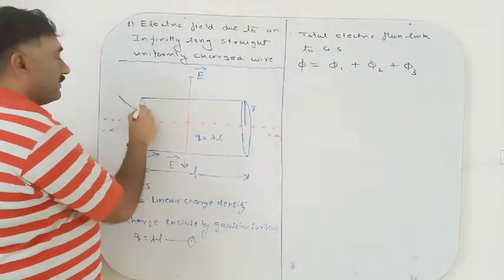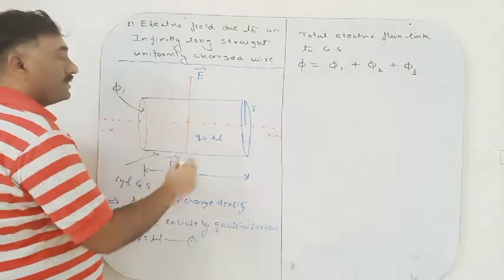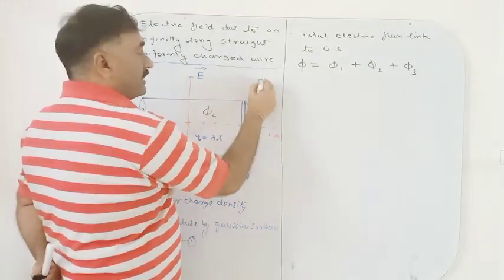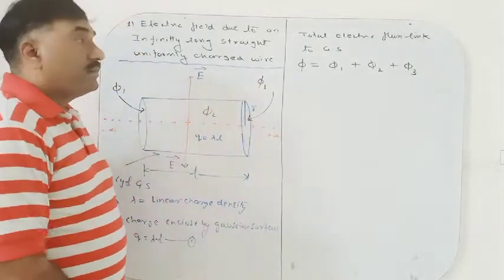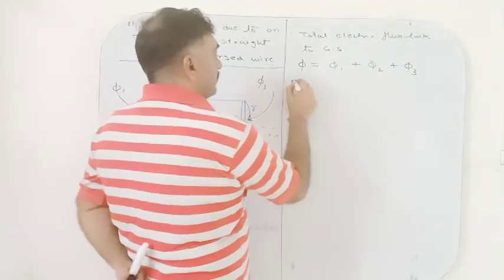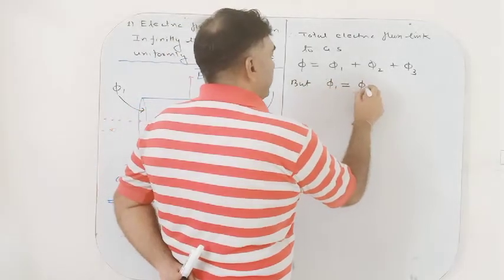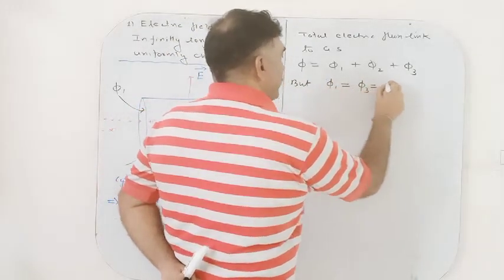Flux associated with the first surface is phi 1, from the curved surface is phi 2, and from the other cross-section area, that is phi 3. But as shown in the figure, flux phi 1 and phi 3 are both equal to 0.